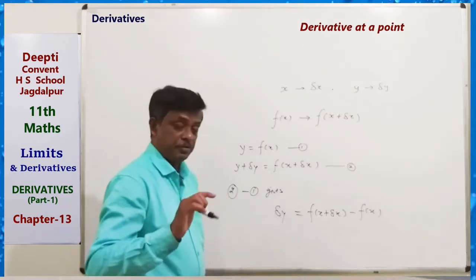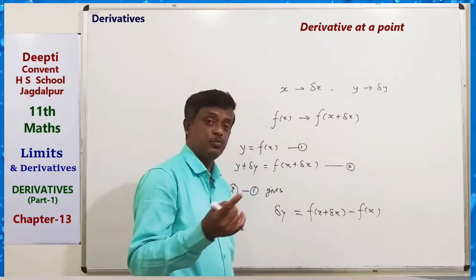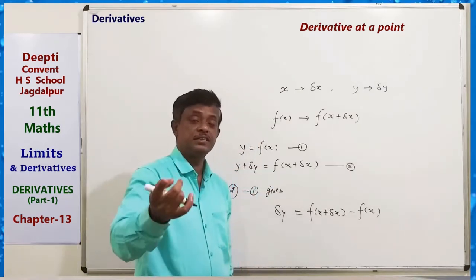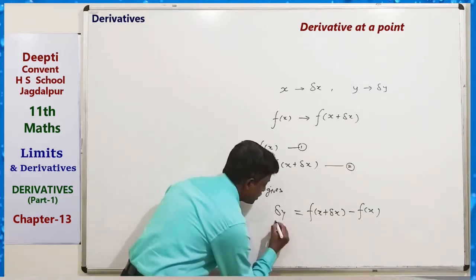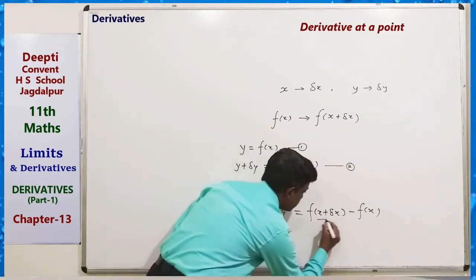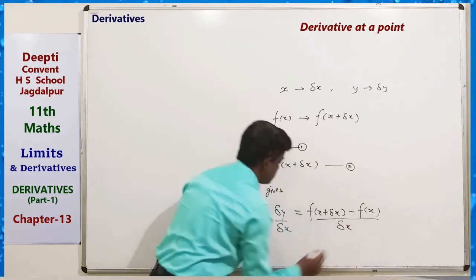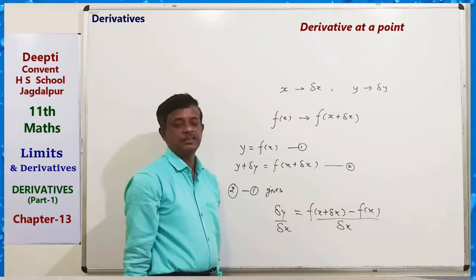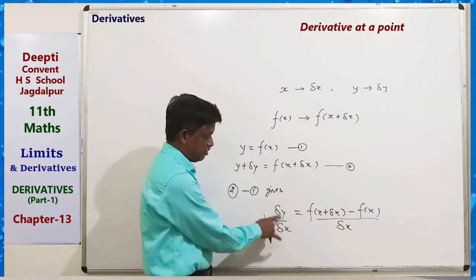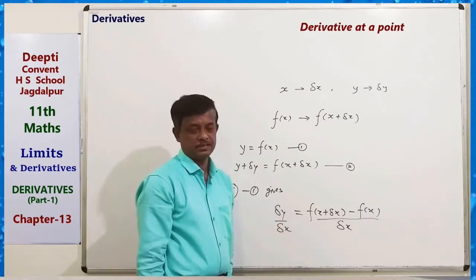Now if we want to find the change in y with respect to the change in x, we can divide both sides by delta x. This ratio defines the change in y with respect to the change in x.